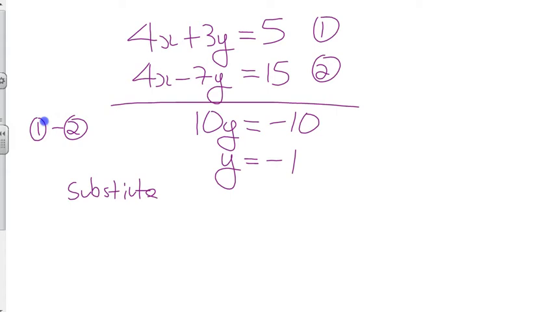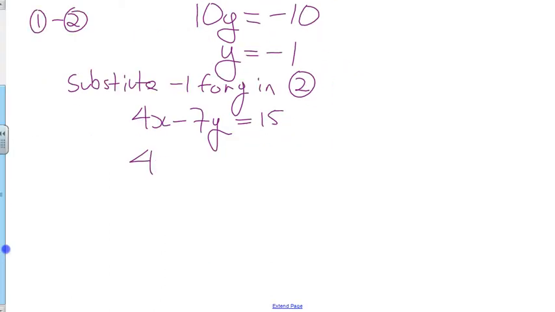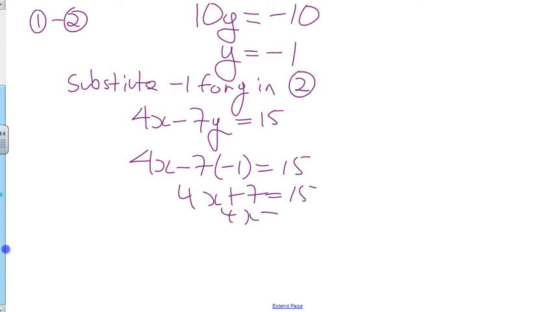Substitute negative 1 for y in 2. 4x minus 7y equals 15. 4x minus 7 times negative 1 equals 15. 4x plus 7 equals 15. 4x equals 8. x equals 2. Solution, 2, negative 1. Yep.